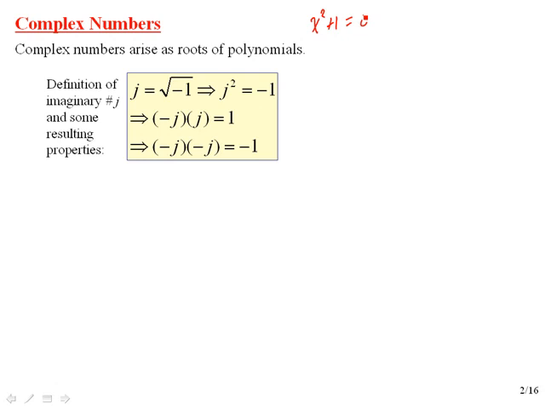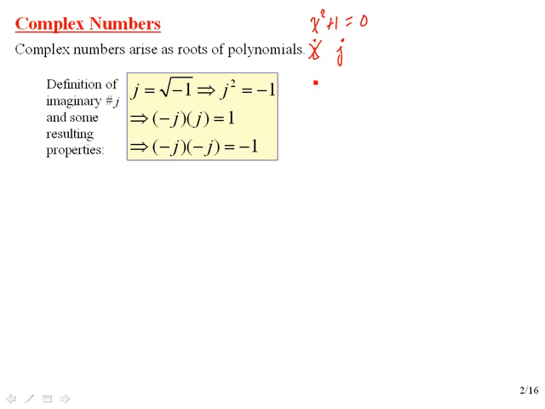And so some pioneering mathematician, I'm not sure exactly who it was, said, well, let's just invent a new number which will be the solution to this, and that number, mathematicians call it i, physicists call it i. Electrical engineers, because i is used to represent current, we don't use i, we use j.